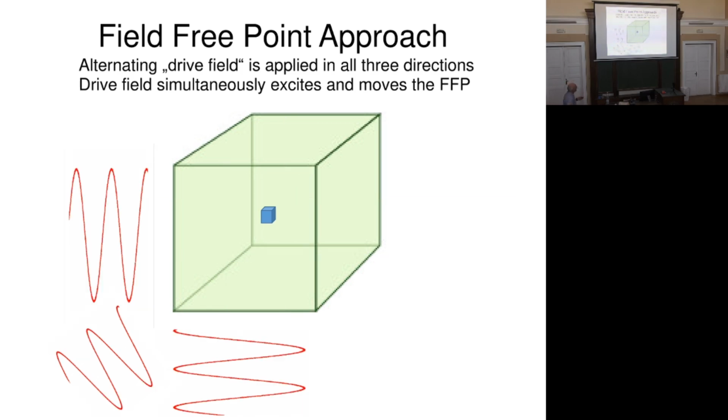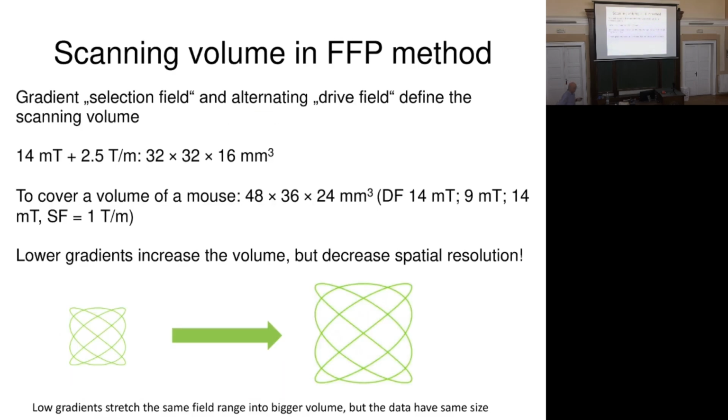And vice versa, if we have big amplitudes, then we can use bigger volume. But it's not so easy just to increase the drive field. Well, there are of course technical problems, there are some limits, but the limits are pretty strict.